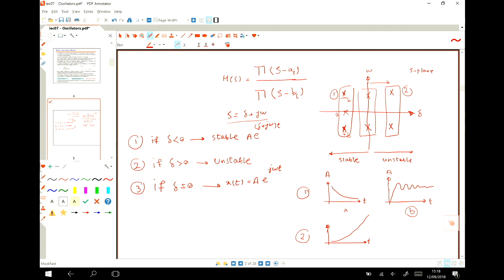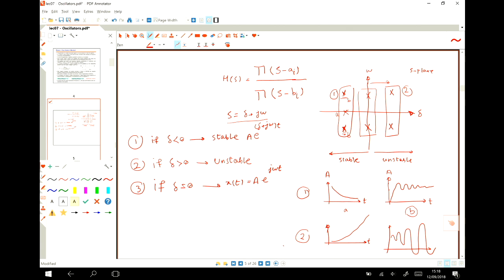I mean, it's diverging, or it could be like this, and then increasing and increasing.